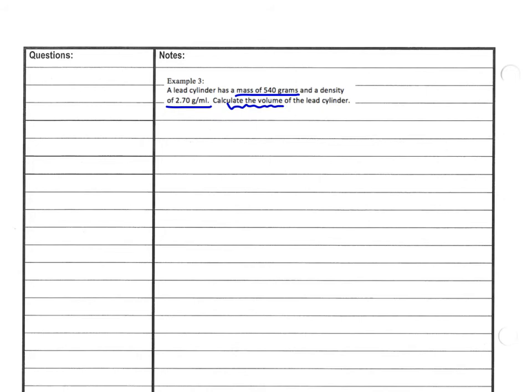All right, so we're going to start with the equation. Density equals mass over volume. It's my map that tells me where to put the numbers. It says to write 2.70 grams per milliliter there, and then it tells me to put 540 grams on top and a V on the bottom for volume.